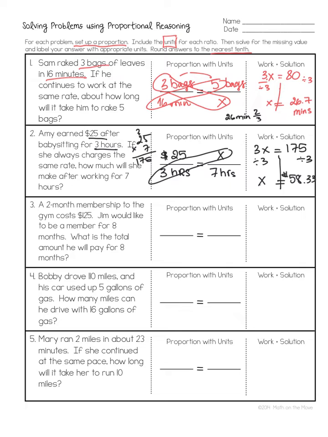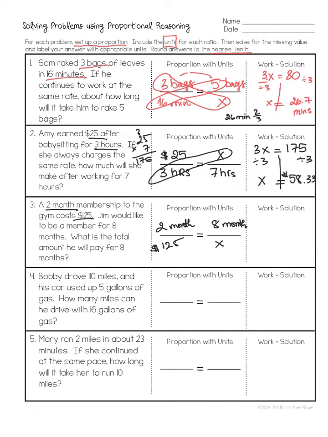Number 3. A 2-month membership to the gym costs $125. If Jim would like to be a member for 8 months, what is the total amount that he will pay for 8 months? So we have 2 months for $125. Total amount he'll pay for 8 months, how much money?